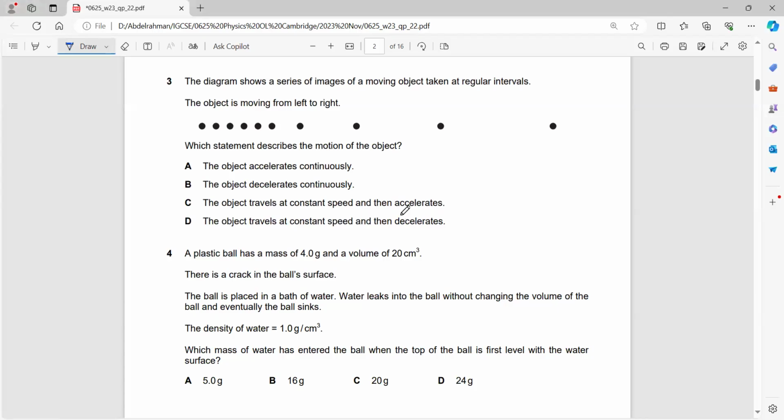Yes, this is correct because initially the distances between the points were constant, and then the distances started to increase, meaning that the object was increasing its speed, accelerating.